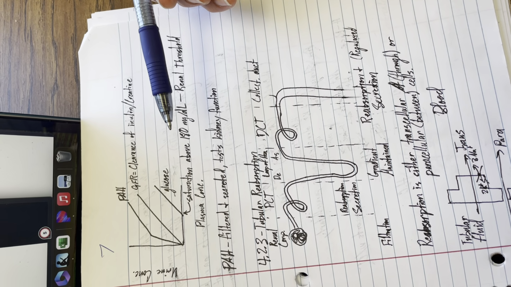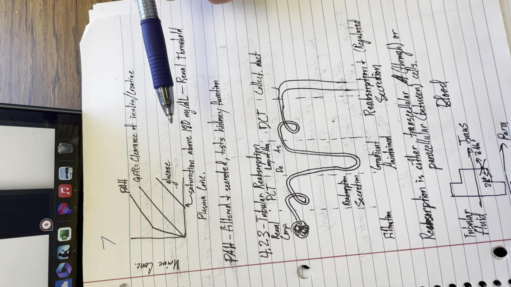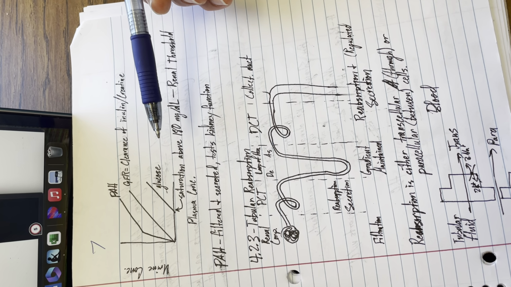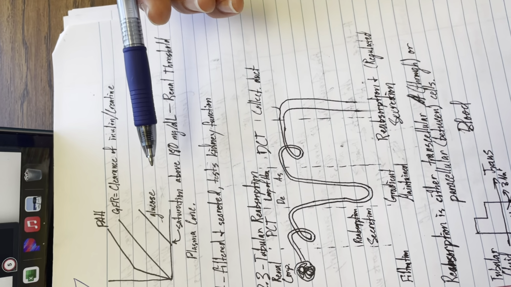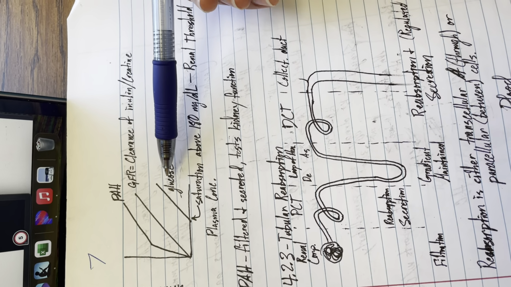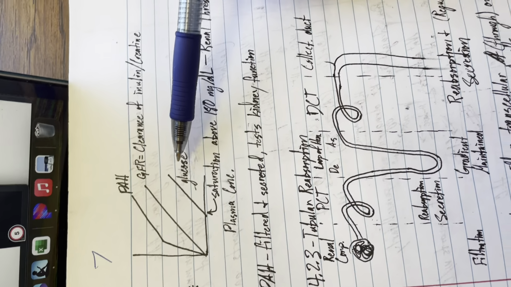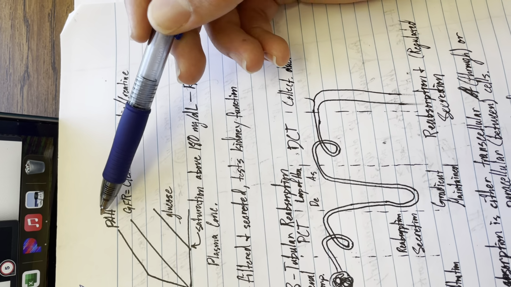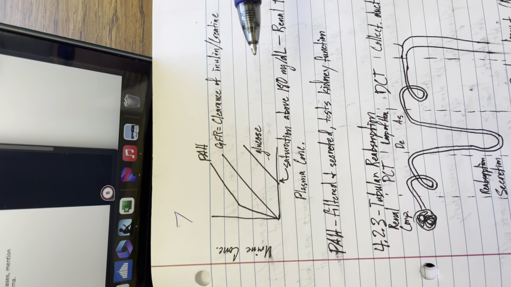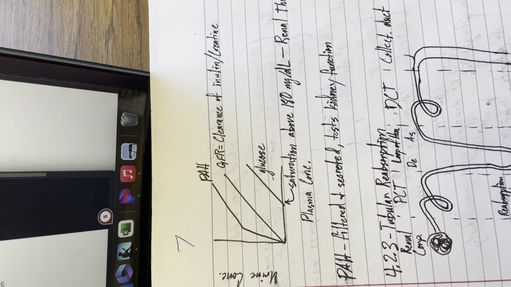Renal threshold and saturation, right? So we're moving certain substances across. For example, glucose or PAH can be moved across. You can also move across things I've already mentioned, like amino acids, glucose, sodium, etc.